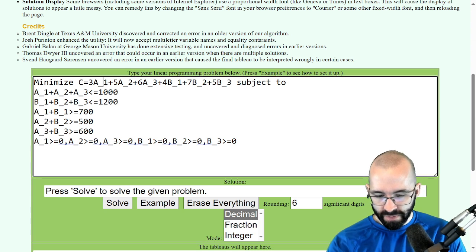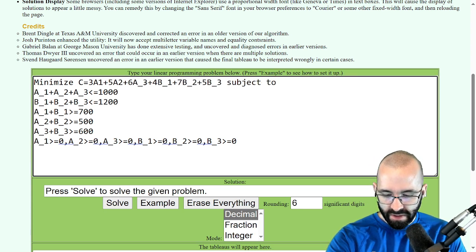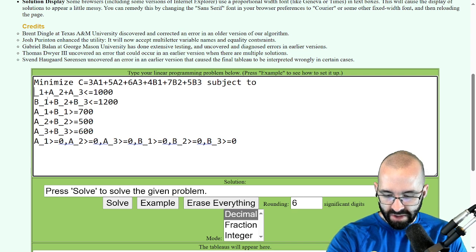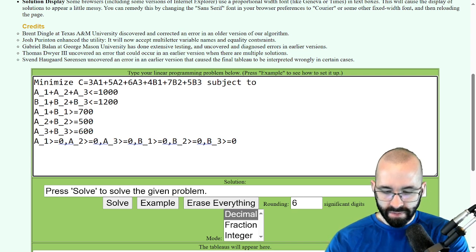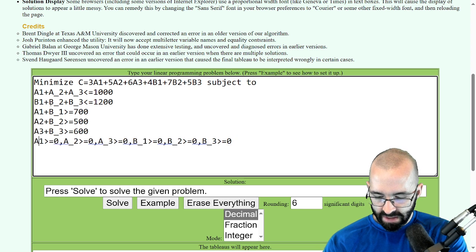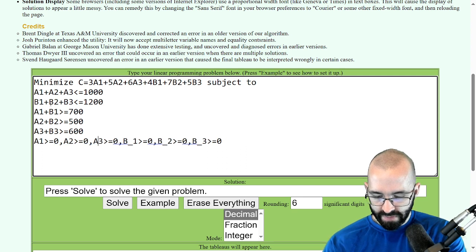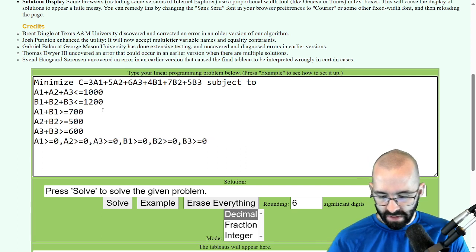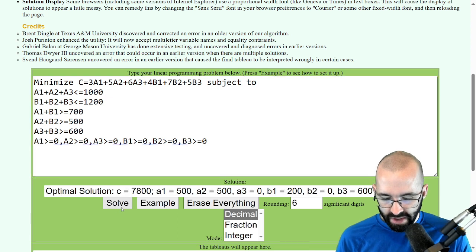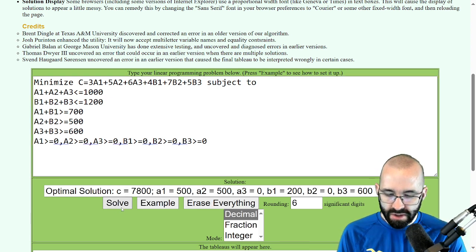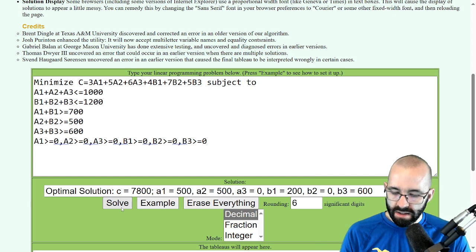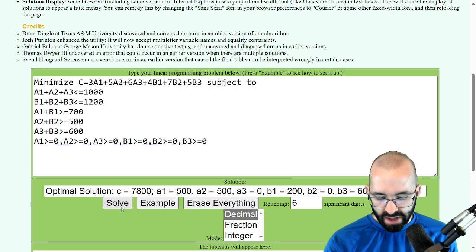All right, so I wonder if it likes it without the subscripts. Probably not. Oh, it does like it, actually. So don't use the subscripts like that. Type it in like this. We'll get the cost is 7,800.